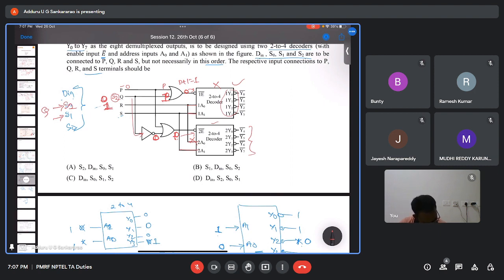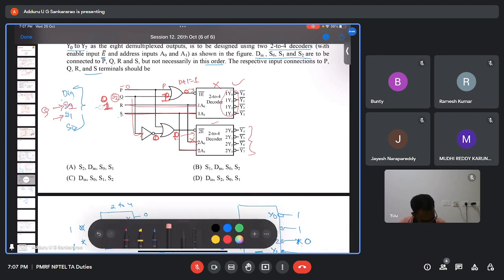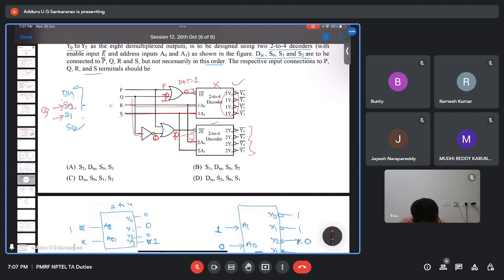A naught is connected to R, A1 is connected to S. That means R I can say S naught and S I can say S1.